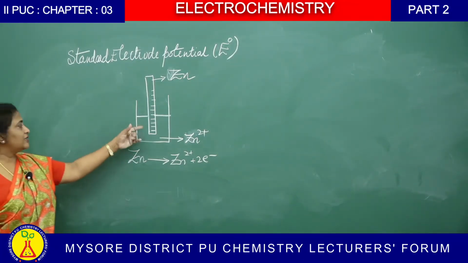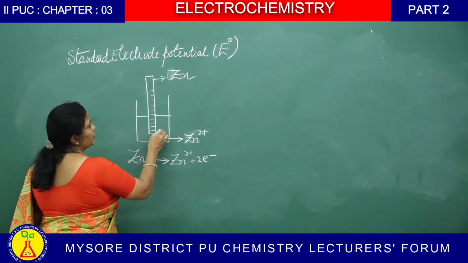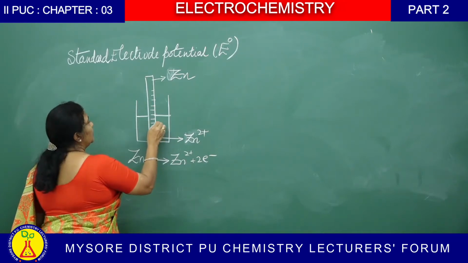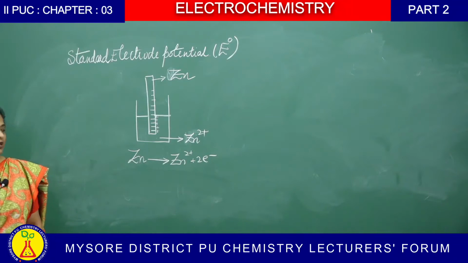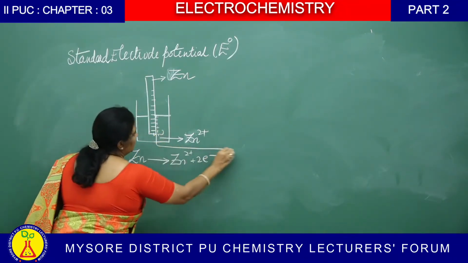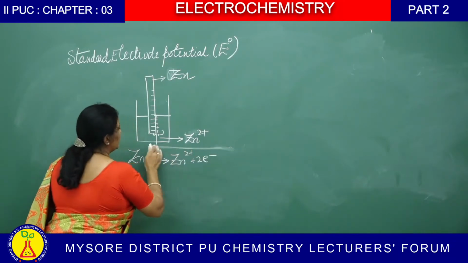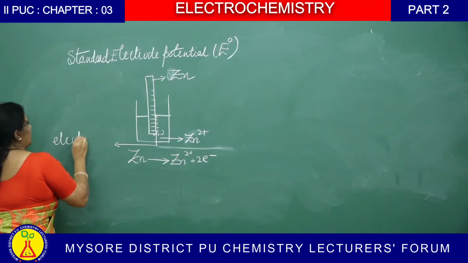Now, to balance these negative charges, the positive ions which are in solution will move towards the electrode. This leads to the development of the electrical double layer.